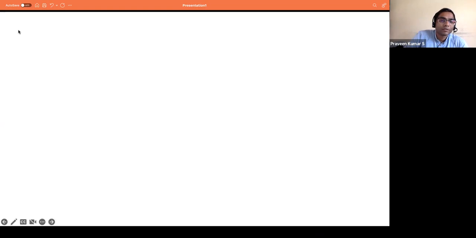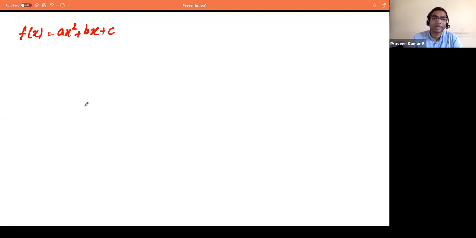Okay, so if you have any expression like this, let's say f of x is equal to ax square plus bx plus c. This is what is called a quadratic expression. Now, if you had written ax square plus bx plus c is equal to 0, then this would have become a quadratic equation.